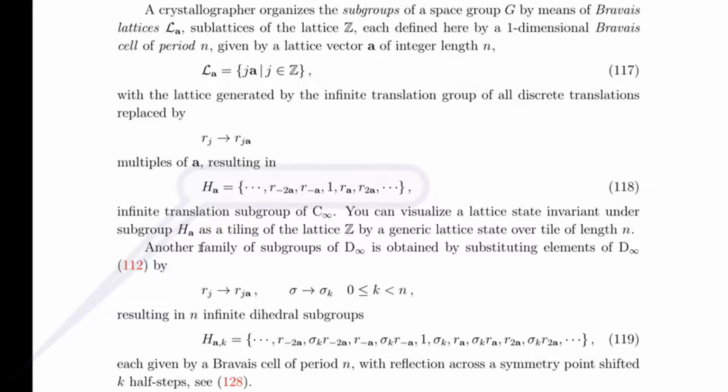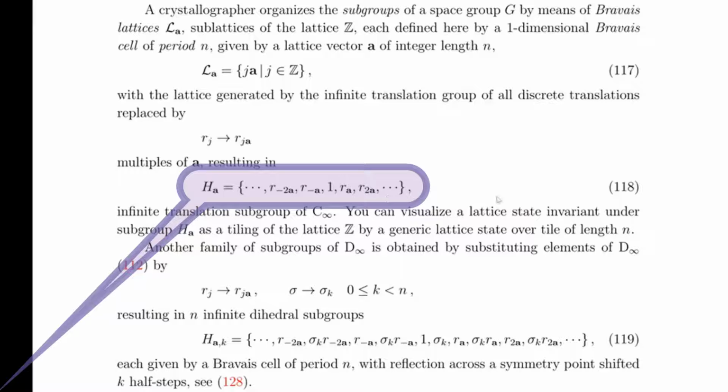Now the subgroups are all infinite, interesting subgroups. There could be cyclic groups that are infinite, but they jump in steps of some length. That's called the Bravais lattice, or they jump in steps of the size of the cell, the basic Bravais cell.